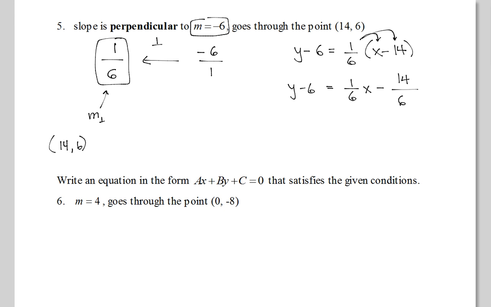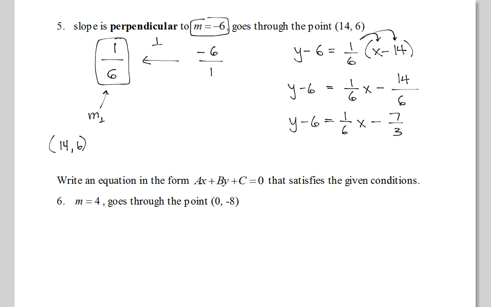You get 2 point something? Yeah, so that'll become 7 over 3. Good. But initially, it's 14 times 1 on the top and 6 times 1 on the bottom. So you get 1/6 x minus 7 over 3.